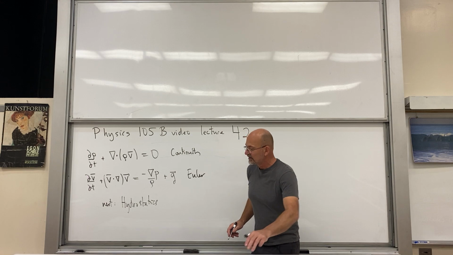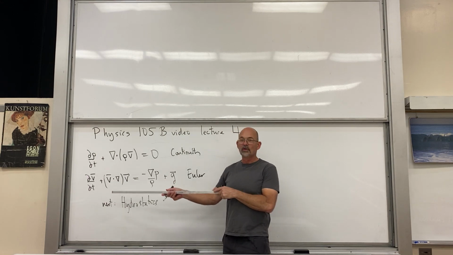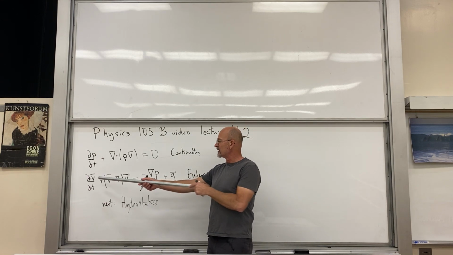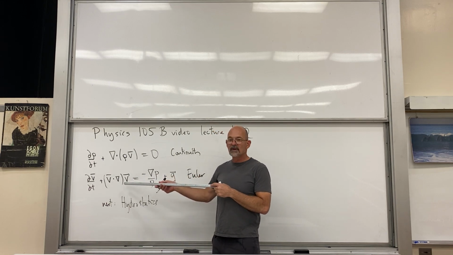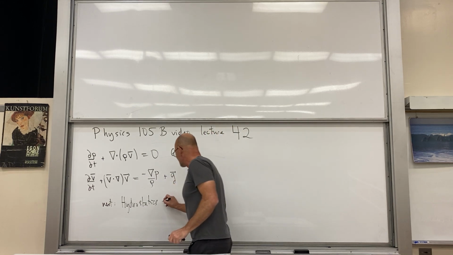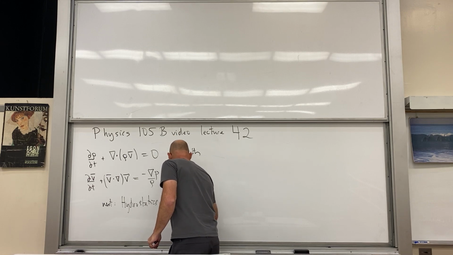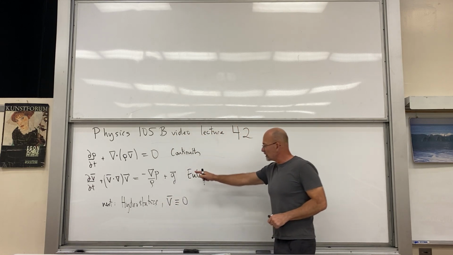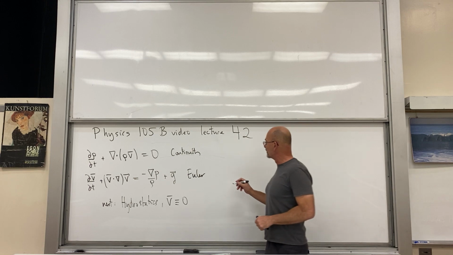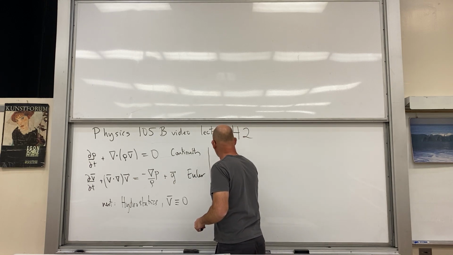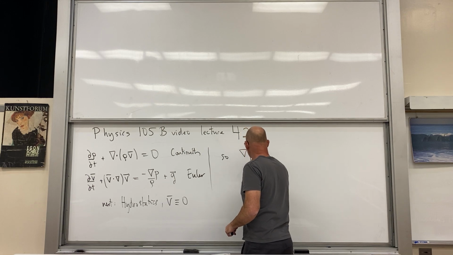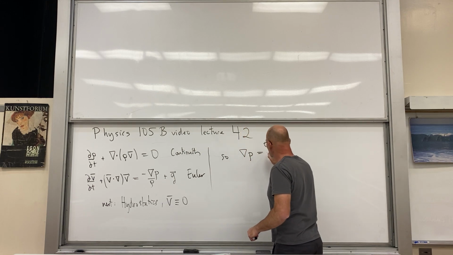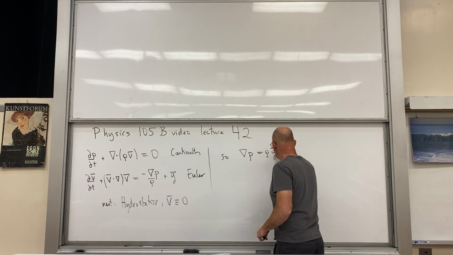And in that case, there is no velocity, so the entire left side of this equation vanishes, V and its derivatives. So hydrostatics, V identically equal to 0, and we're using the right side of Euler's equation. So what do we have? Gradient of P is equal to rho g.